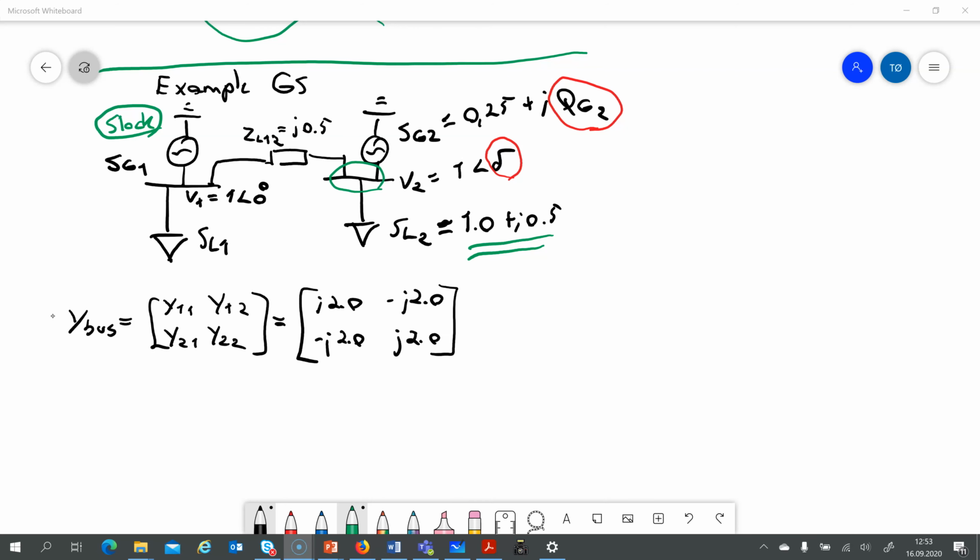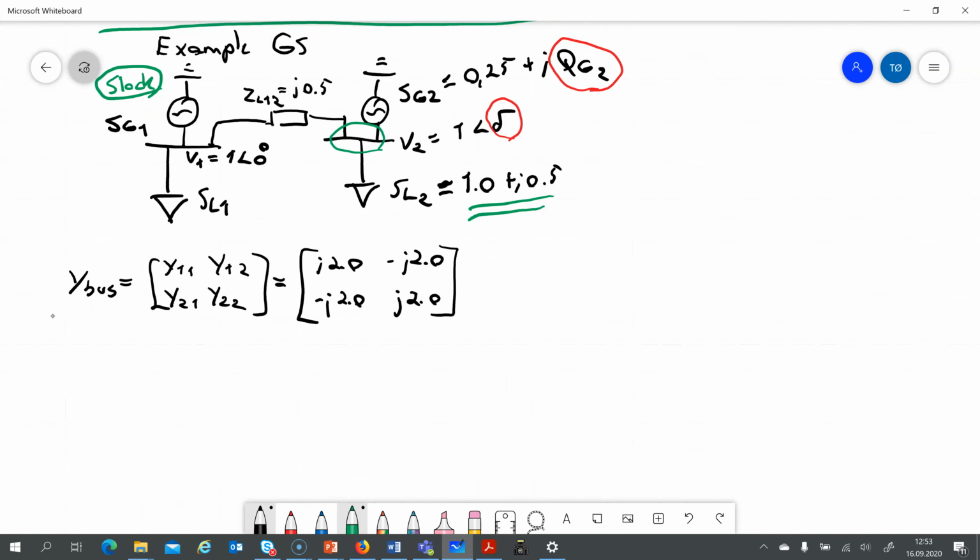Let's then calculate the voltage, first iteration.